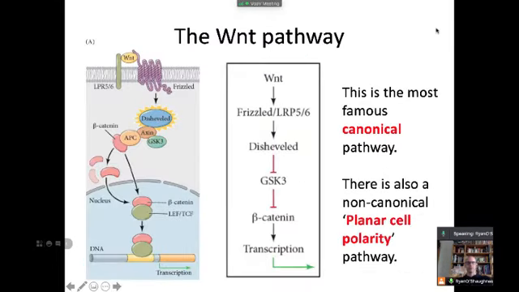So let's just recap on our Wnt signalling pathway, a little bit of revision. I know that some of you have written about this in your essays. So we have Wnt binding to the co-receptors LRP5/6 and Frizzled.